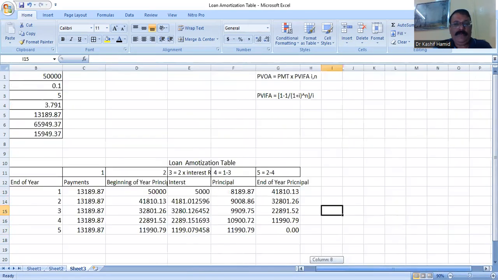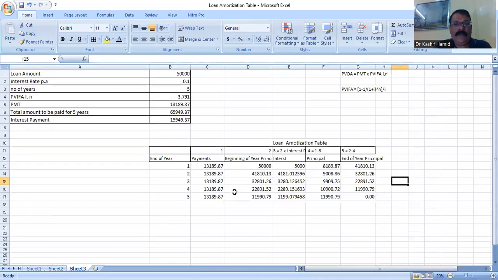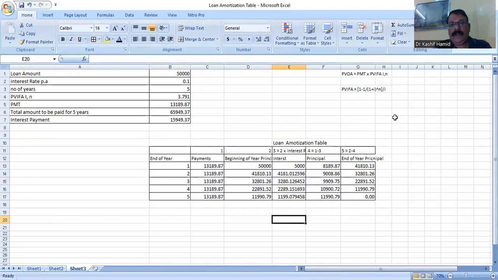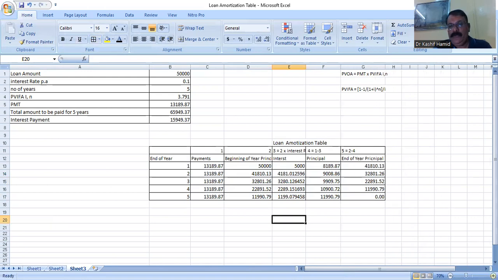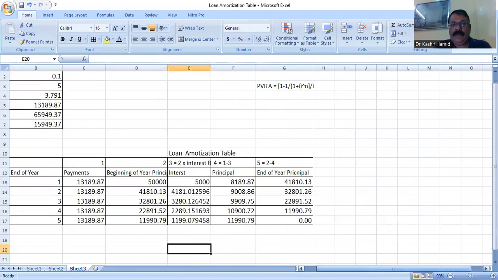And we can use the tabulation in this manner. Okay, so our table is now completed.